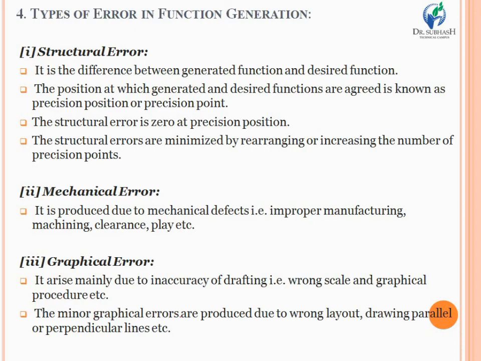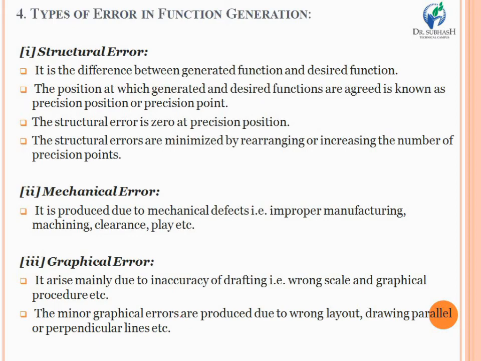So the structural error is 0 at a precision position, and the structural error is reduced, or minimized, by rearranging the precision points or by increasing the number of precision points used for synthesizing the mechanism. So this is the structural error.